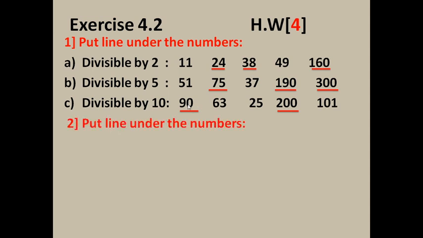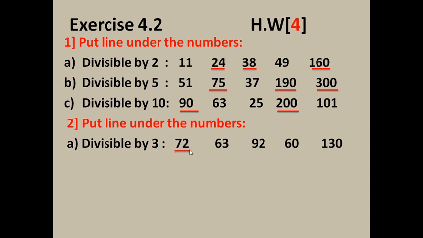Next, here put a line under the numbers divisible by 3. I remind you, when I told you divisible by 3 means if you add the digits together, and after adding you can divide the result by 3, the number is divisible by 3. Now here we add 7 plus 2, it is 9. We can divide 9 by 3, yes, so 72 is divisible by 3.